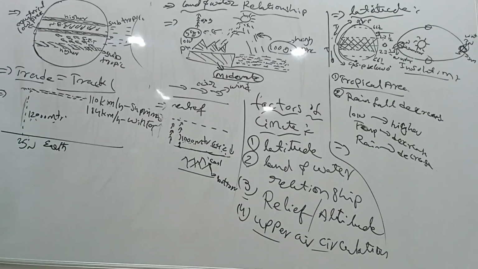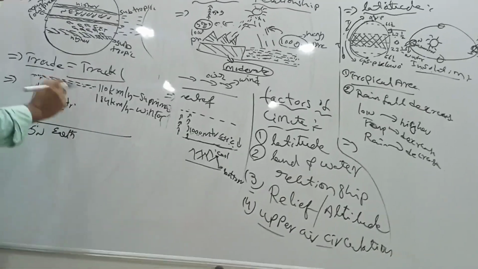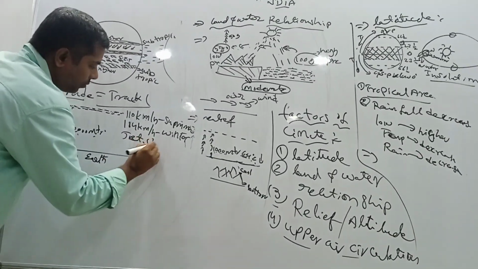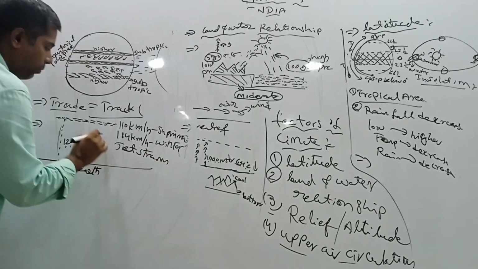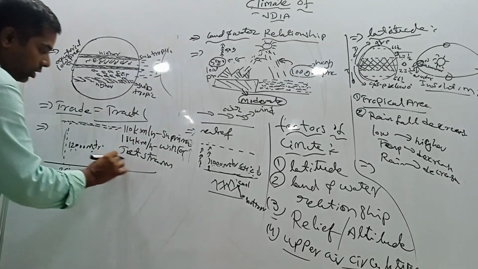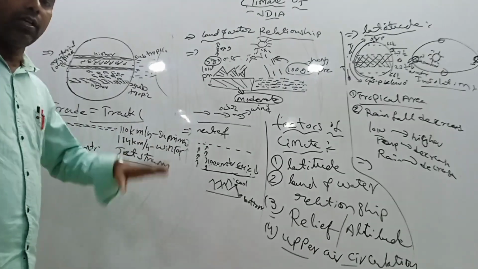These winds were found during the Second World War, so they are called the jet stream. When the jet stream blows at high speed, it keeps the surroundings cool.